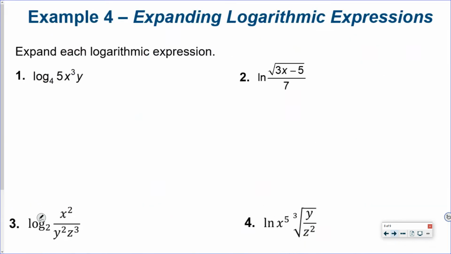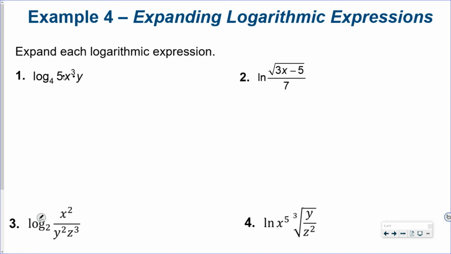Okay, so basically anytime you have a lot of variables too, you want each variable to have its own log when you're expanding. So here, start with something simple. I have technically a product, right? I have 5 times x cubed times y. I have 3 factors, 3 things that are being multiplied.